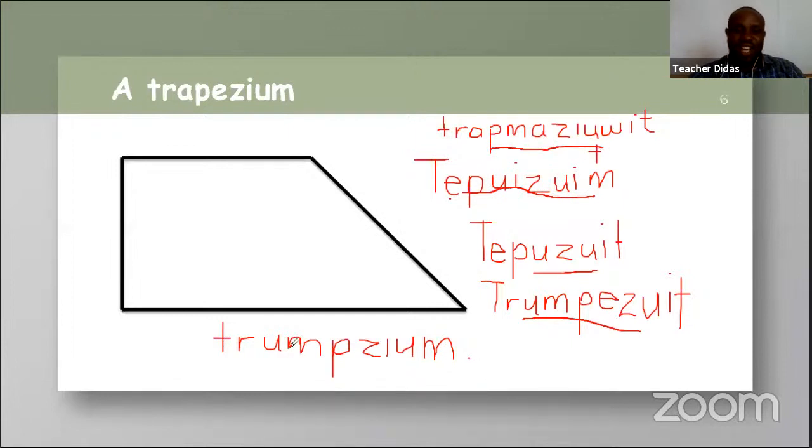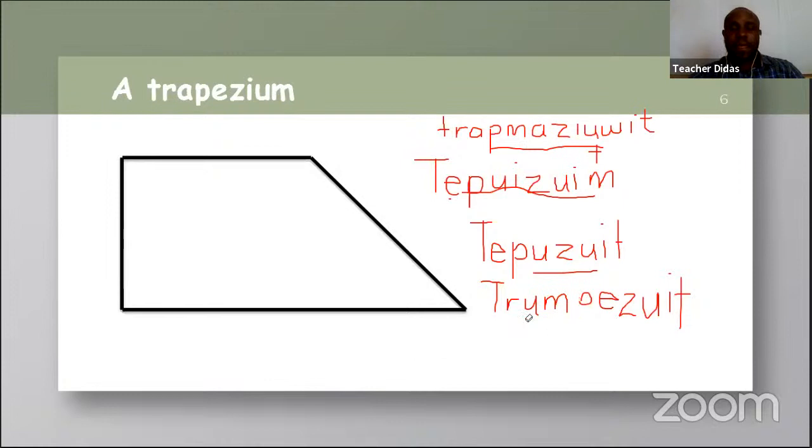Who almost got it right? Now, a figure which looks like this one is called the trapezium. That's how it is called. And I want all of us to spell this word because I've seen it was so difficult for all of you, wherever you are.